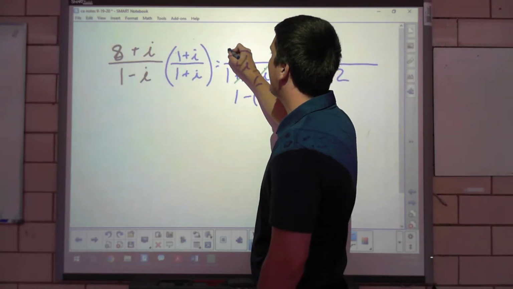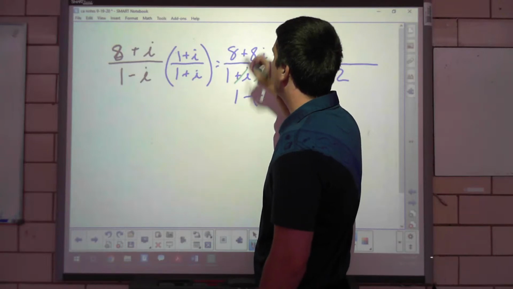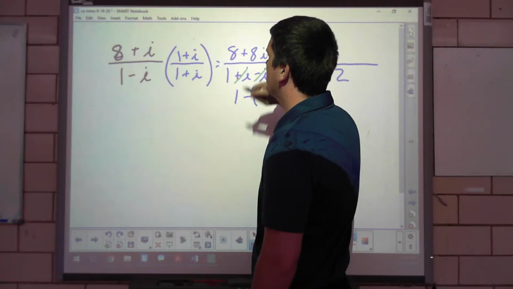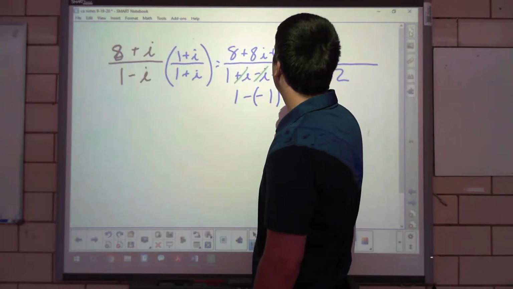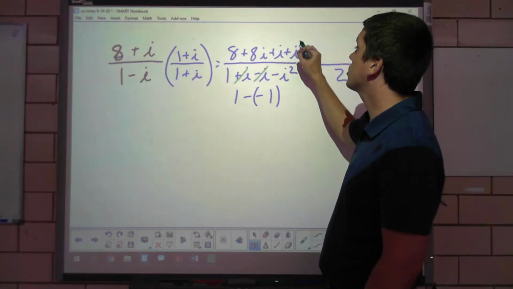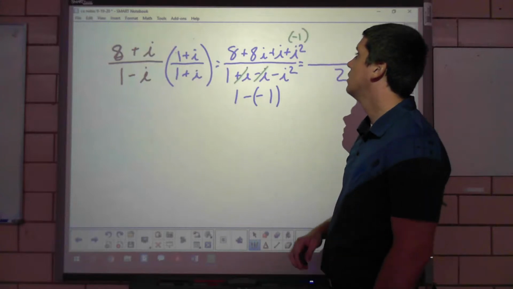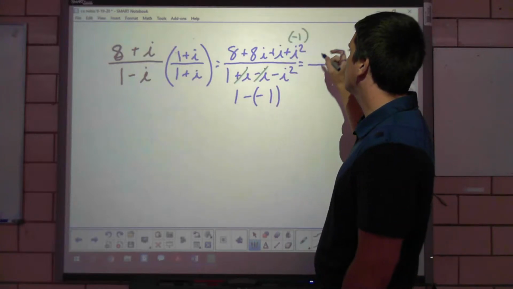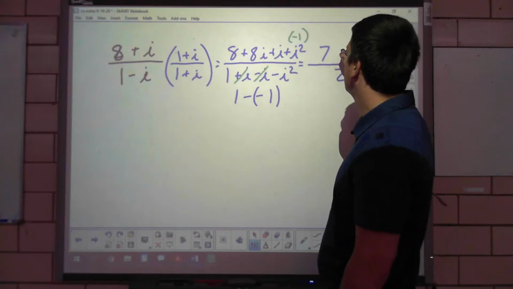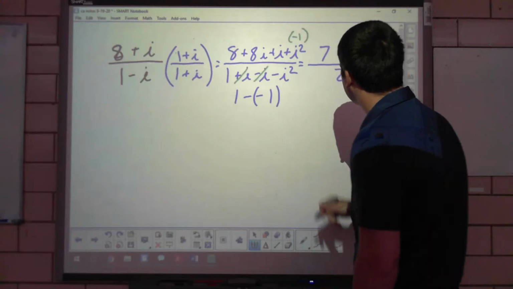I end up with 8 plus 8i plus i, and then plus i squared, which we know i squared, again, is that negative 1. So then I'm going to have 8 minus 1, which is 7. And then 8i and i is 9i.